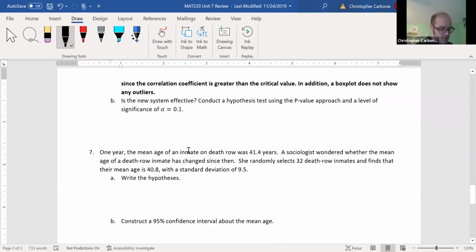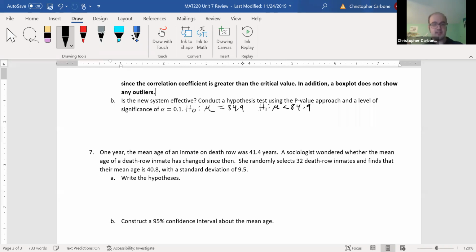Moving on, we ask, is the new system effective? We want to conduct a hypothesis test using the p-value approach and a level of significance of 10%. So the null hypothesis that we are using is that the mean is 84.9. And the alternative is that the mean is less than 84.9.